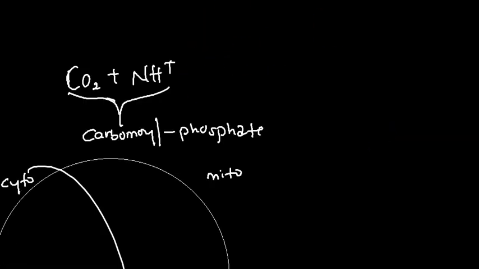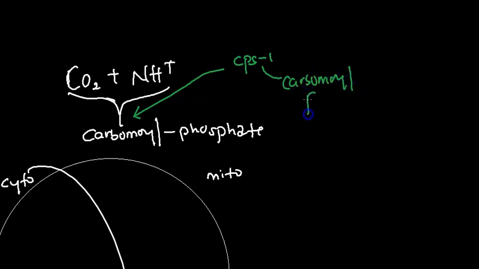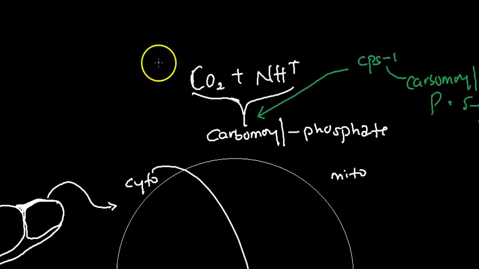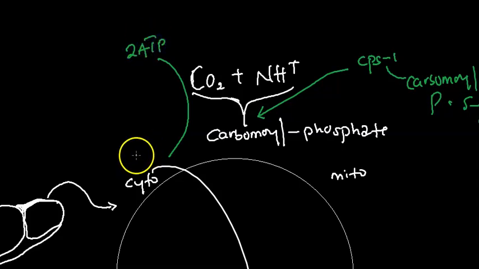With the help of this special enzyme known as CPS1, also known as carbamoyl phosphate synthetase 1. This conversion requires 2 molecules of ATP, which convert into 2 ADP.